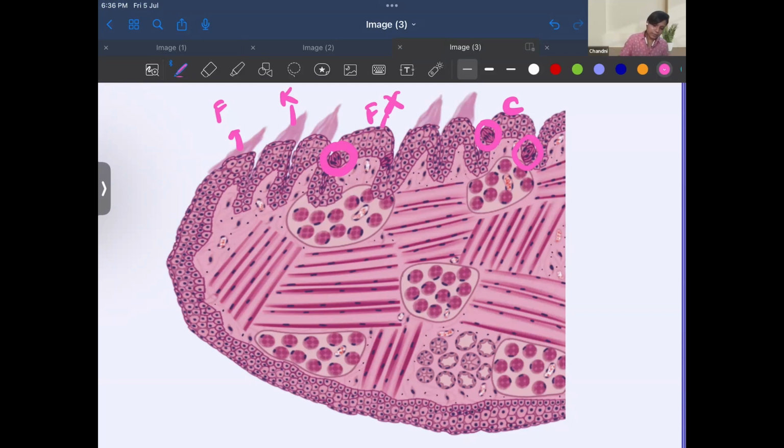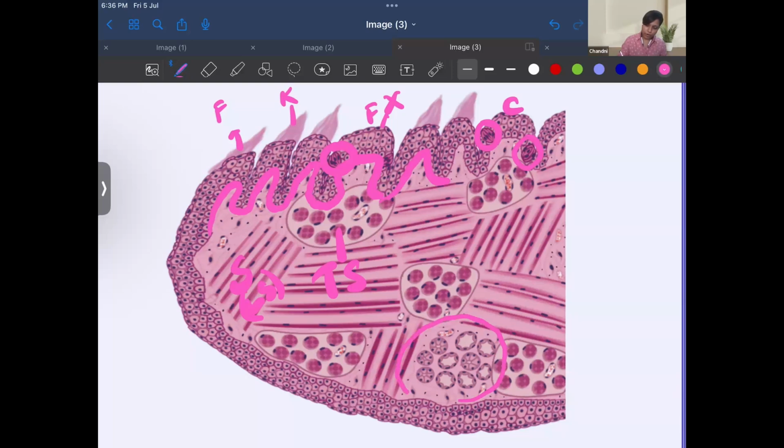Next comes the lamina propria. Again, it's not a fold. You have to use the word elevation. Elevation from the surface, okay? What else do you see? We see skeletal muscle. This is the LS. And then you see skeletal muscle, which is TS, transverse section, longitudinal section.